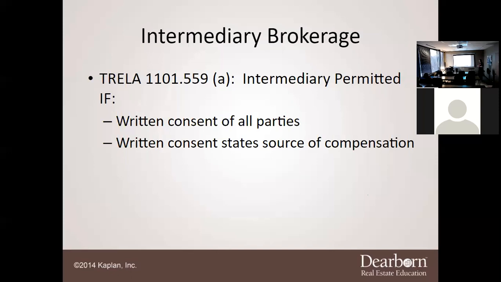Number two, written consent that actually states the source of compensation. If Miss Leela is involved in this situation, I need to explain to Miss Leela, okay, Miss Leela, I'm bringing Mr. Eugene to your sale, but I want you to understand that you signed a listing contract with me for 6%.